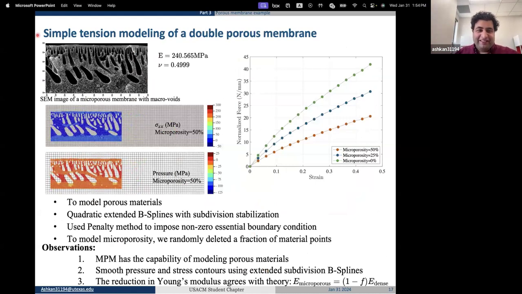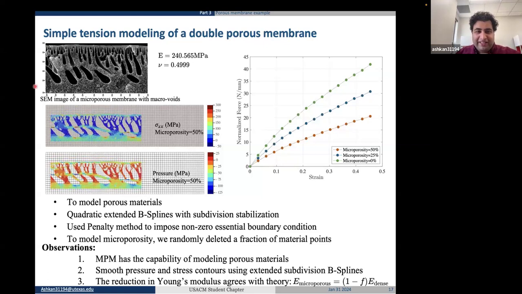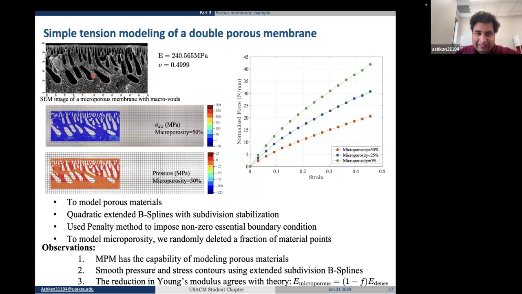Okay, the next example, we solve this simple tension modeling of a double porous membrane. We have a membrane which has micro porous structure here and macro voids here.